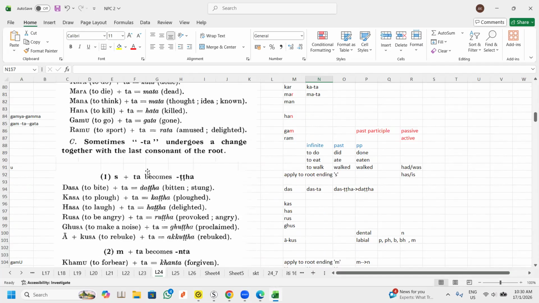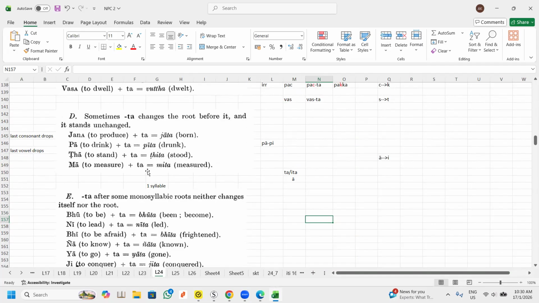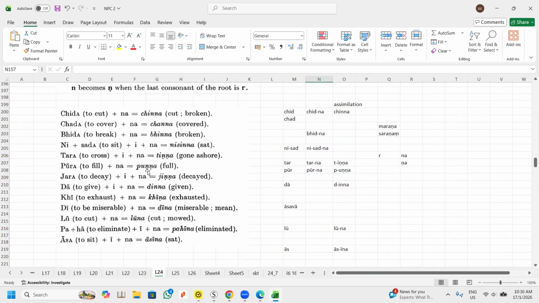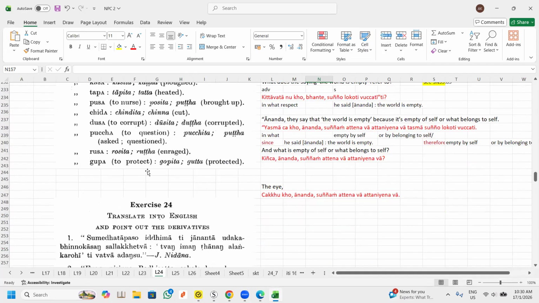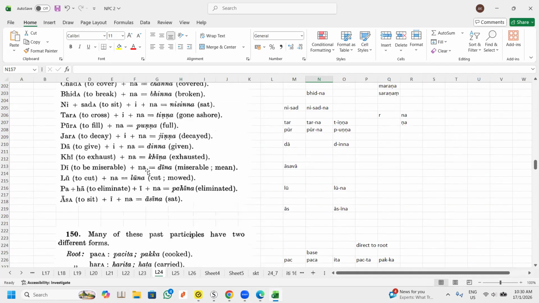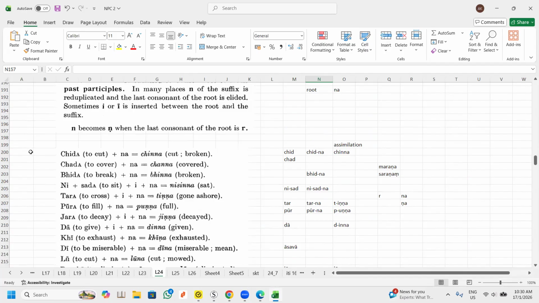So the rule actually is never consistent. The rule is never consistent, generally. So if it's not consistent, just now we talked about root ending CPD, normally we duplicate.